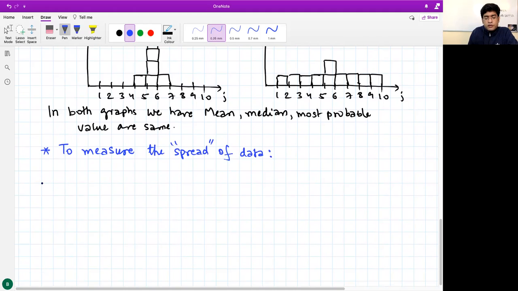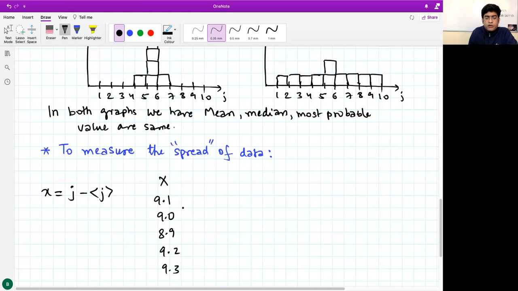Now, how do we measure this? What we can do is define a quantity like this, where we take x_j minus the mean. Let's take an example of this data: 9.1, 9.0, 8.9, 9.2 and 9.3.